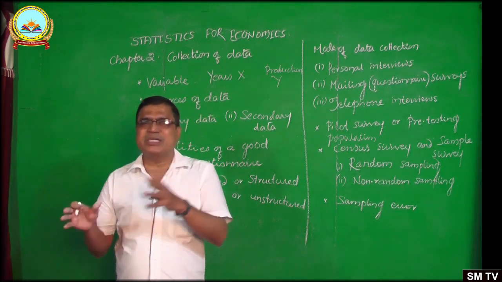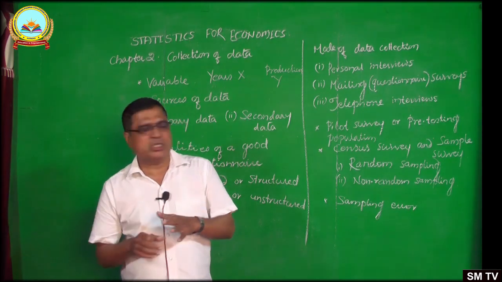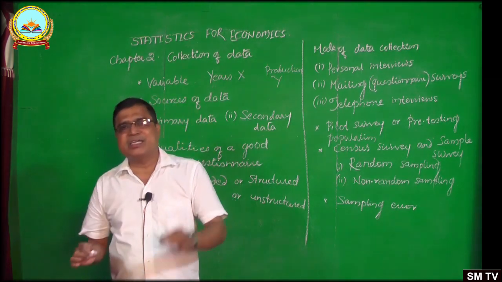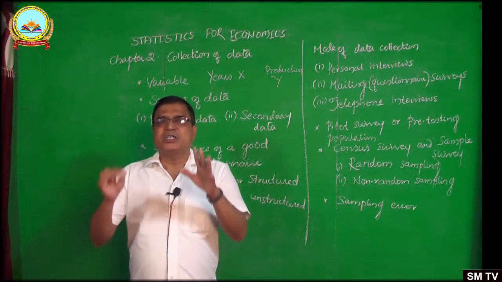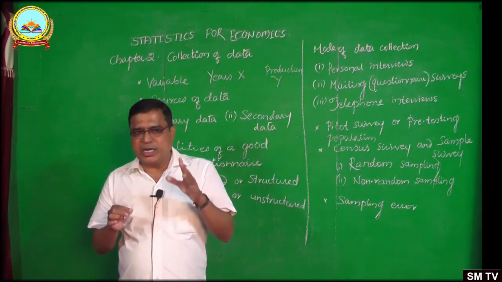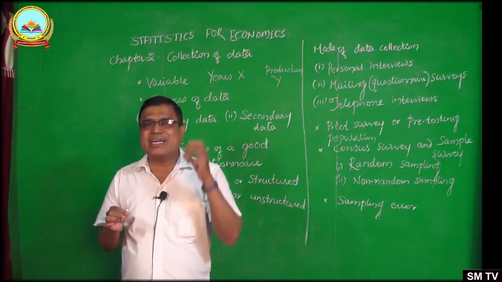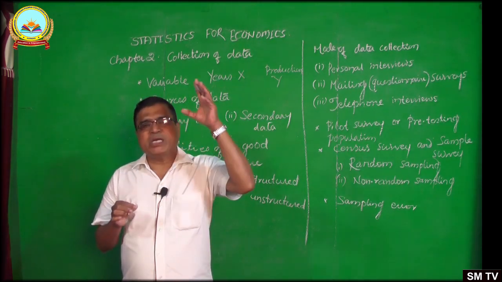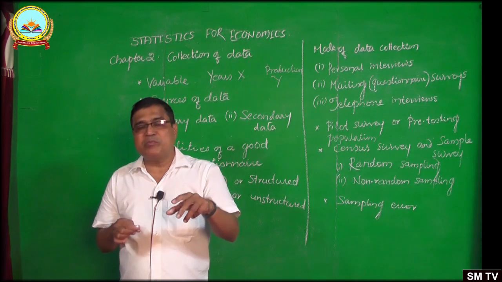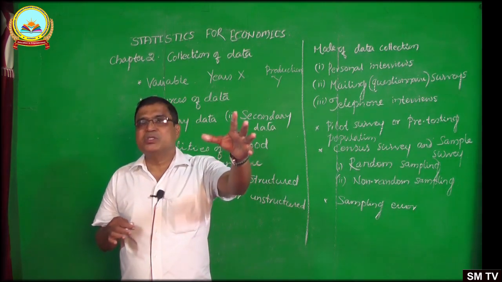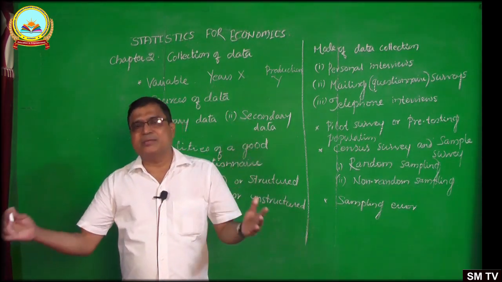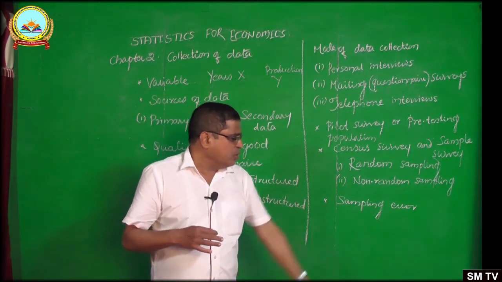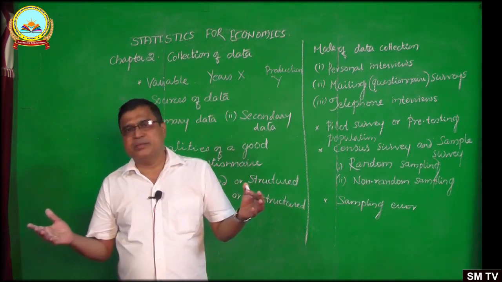So these are different techniques. Actually they are not mentioned in the textbook, but you should know that the units are not selected randomly. So the enumerator has his own idea to select the units. He has a certain purpose. He has his pre-assumption for the survey. So it is done non-randomly, but 20 units have been taken. It is called non-random sampling.